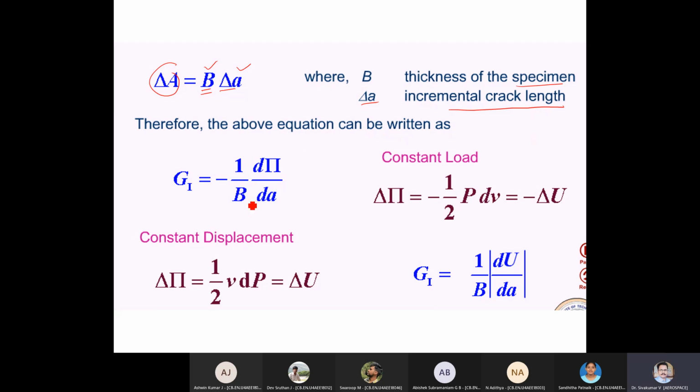So in the above equation, the bottom dA I can easily replace with B into da. This is in crack length form, this is area form. So minus 1 by B d pi by da, this one in terms of crack length.